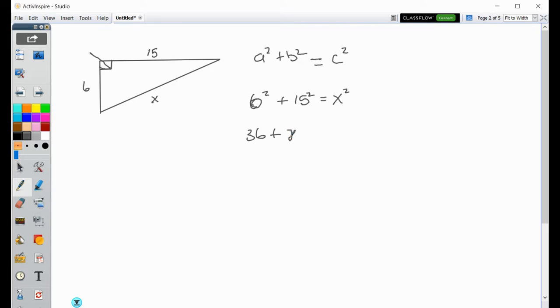Oh, yeah, it was 225 equals x squared. And then we need to add these two together. So we're going to get 225 plus 36. Once again, just to make sure, I'm going to use my calculator. 225 plus 36 is 261.